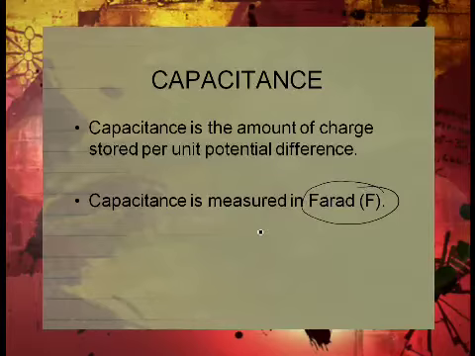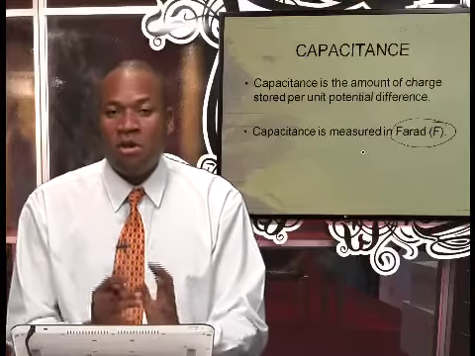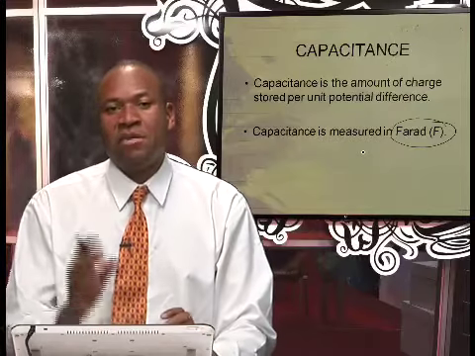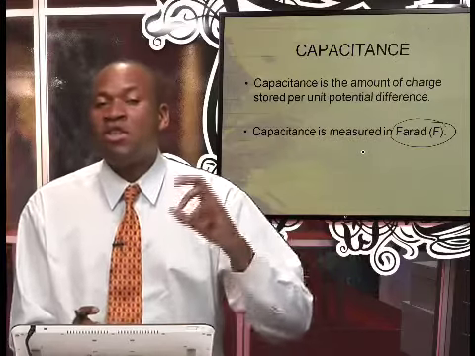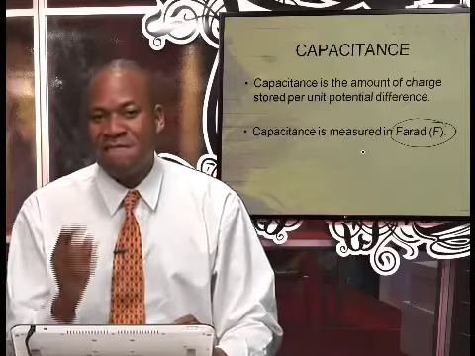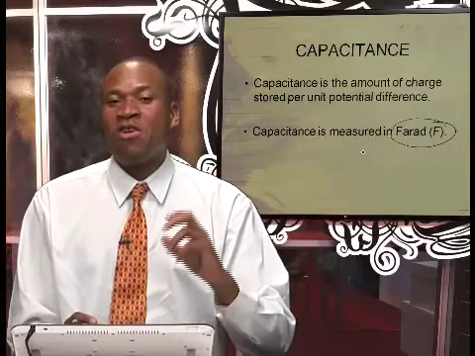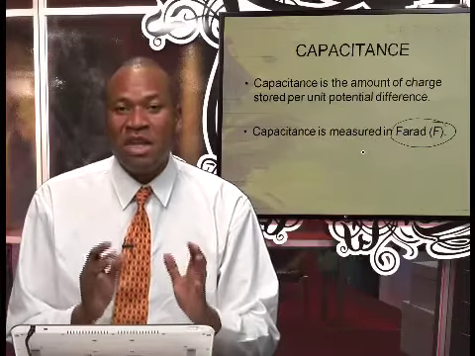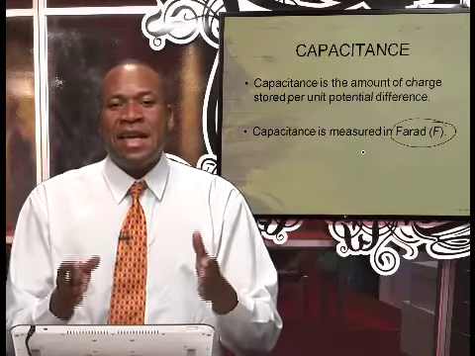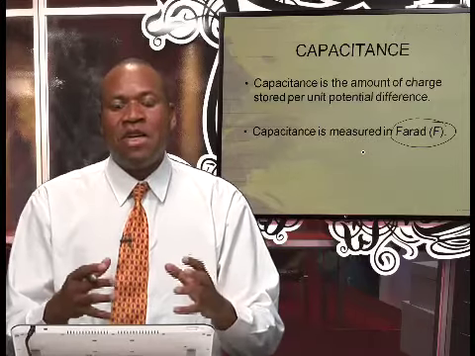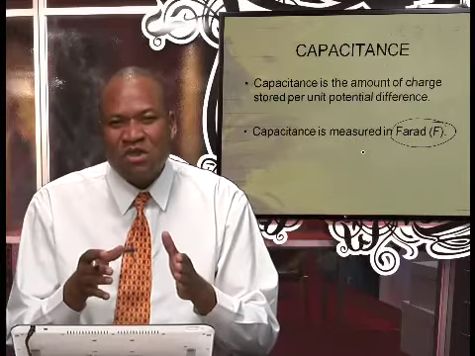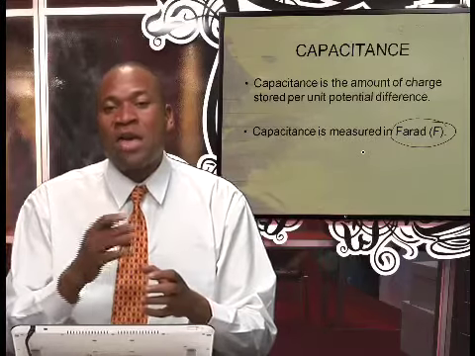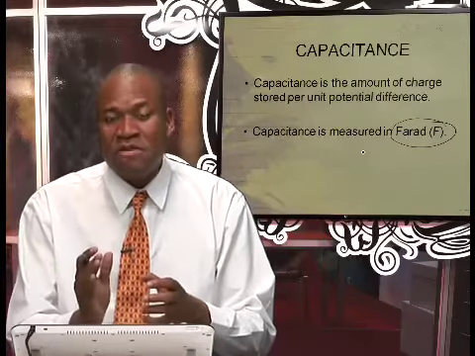You need to know the units of measurement for all the quantities that you will be calculating. So when we talk capacitance, we measure that in farads. We talk potential difference, we measure it in volts. We talk electric current, we measure that in amperes. Remember, physical sciences is a subject in which we're talking science concepts, and we need to make sure that for everything we're talking about or calculating, we put a unit for it.